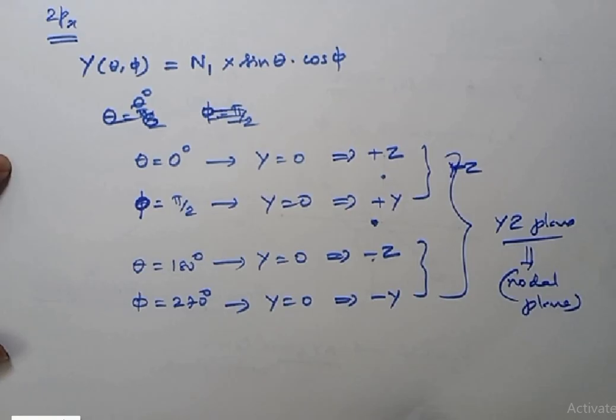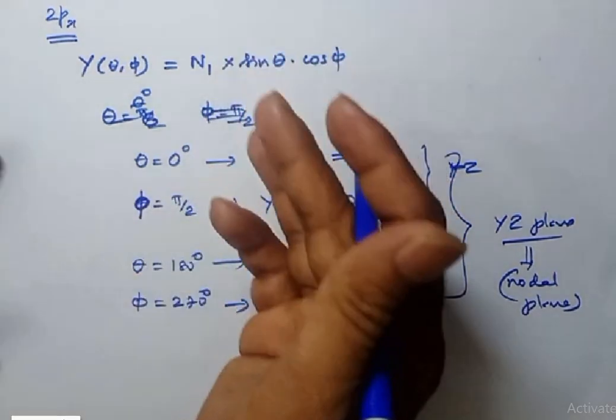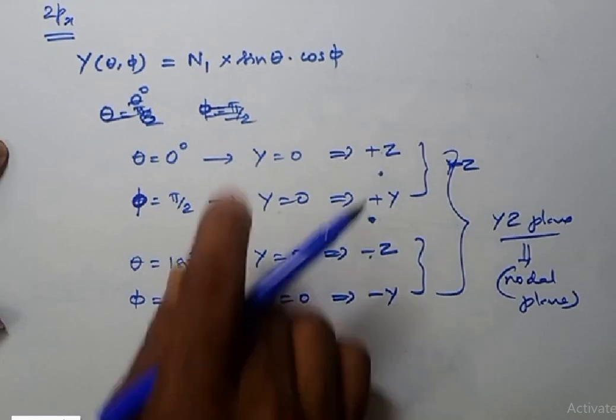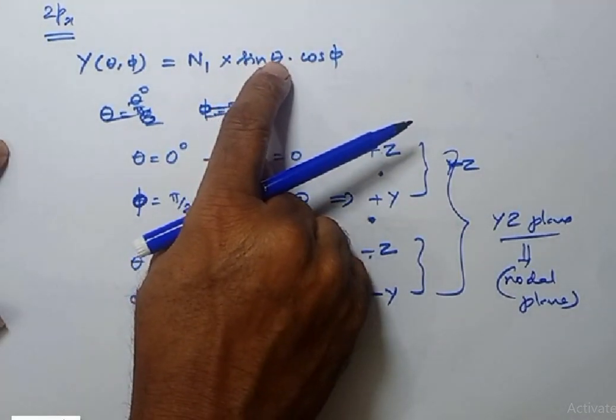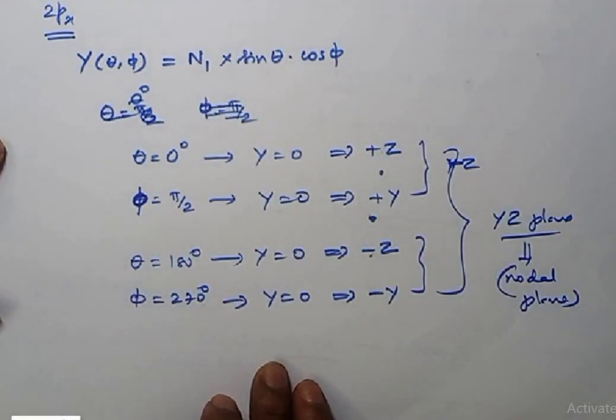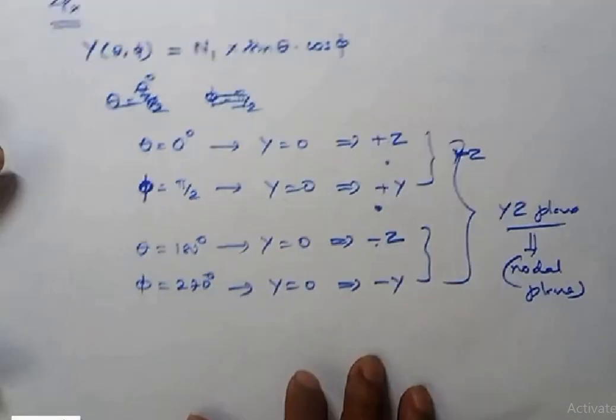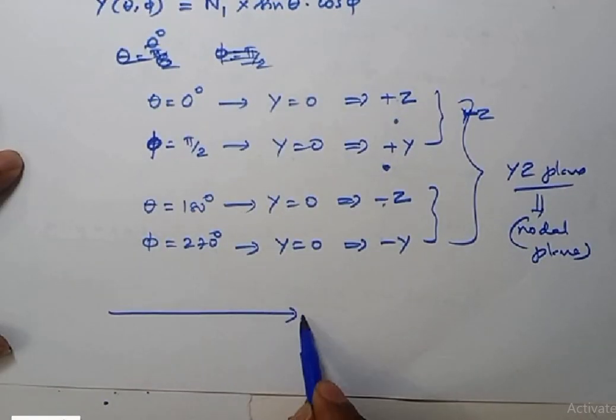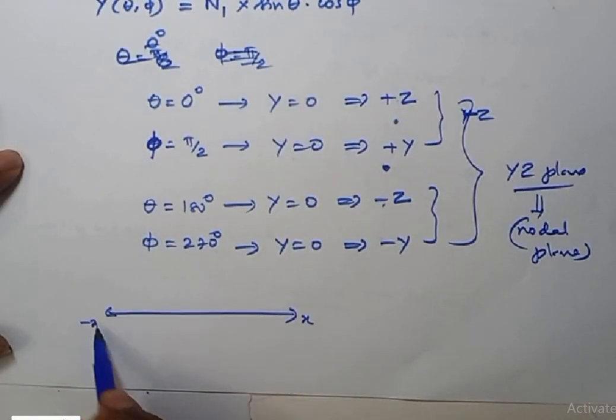We can also plot and show this. For different theta values, you just vary the phi value and you can plot. You will get the same graph, but I am not going to do that. Along the plus x axis, and this is the minus x axis.